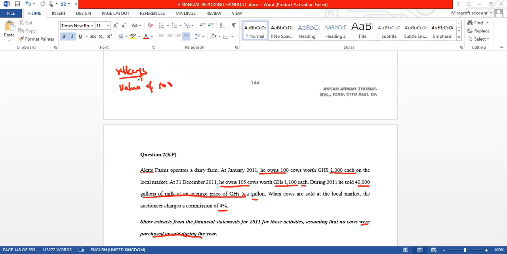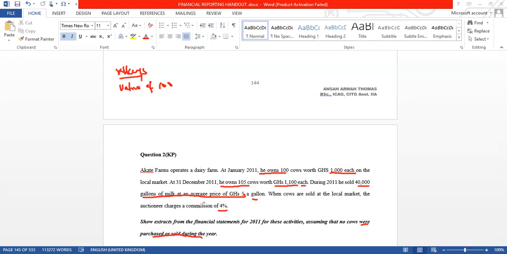The value of the 100, and we are doing this valuation at 31st December because when it comes here, we already know the value. All right. So if you are going to value it, the question told us that at 31st December he owns 105, but the question is also telling us that when cows are sold at the local market, the auctioneer charges 4%.